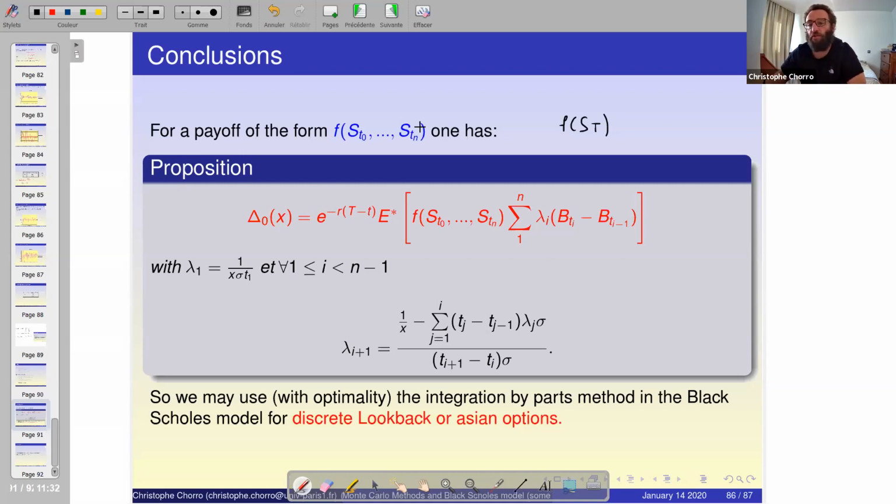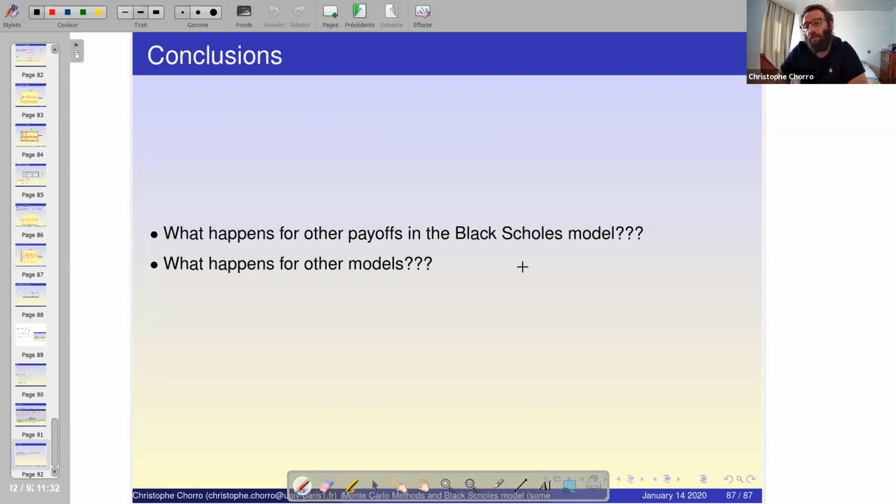And the natural question that appears to conclude this introduction is, in the case of the Black-Scholes model, what happens for other models than the Black-Scholes model.